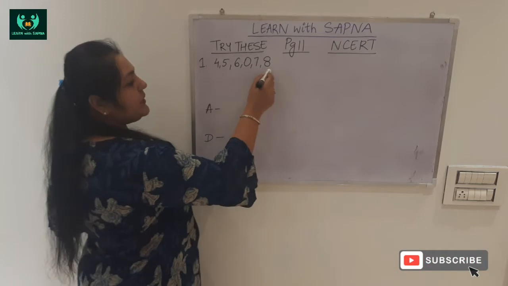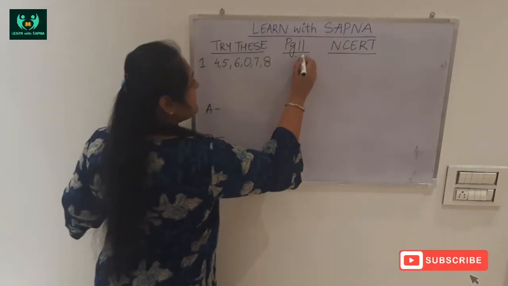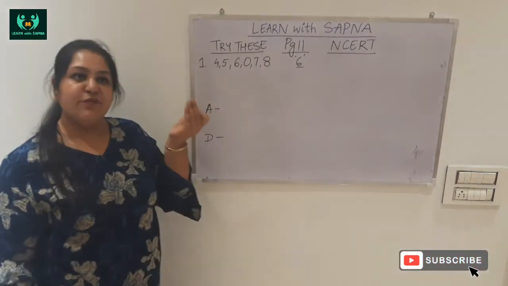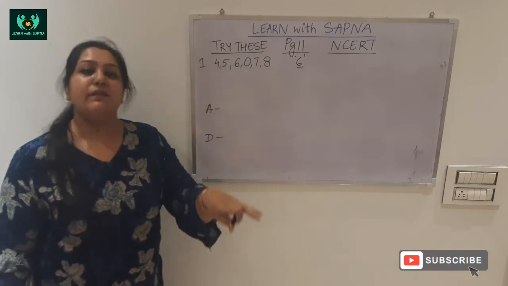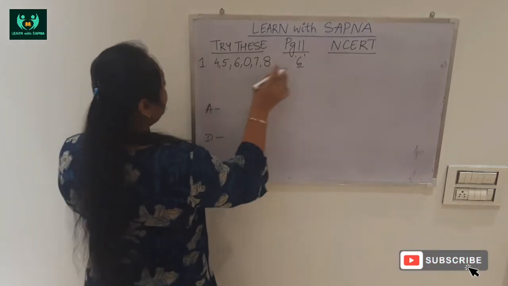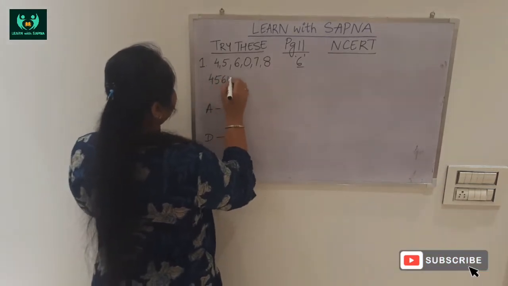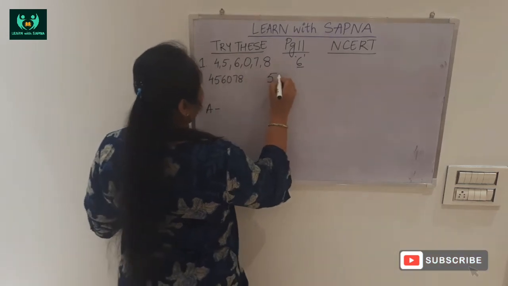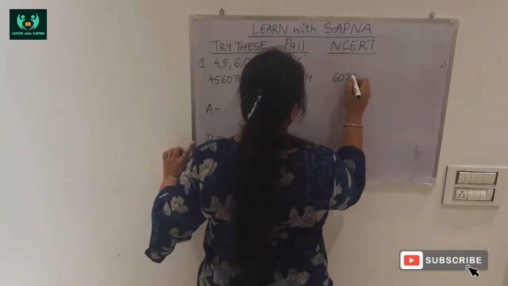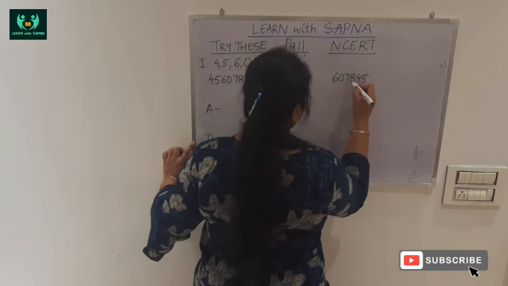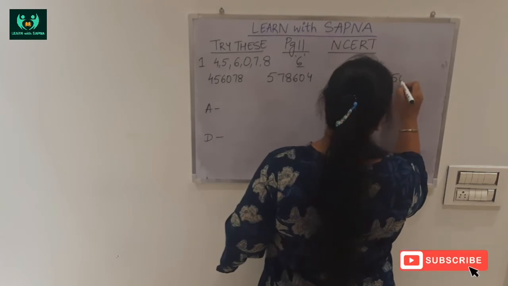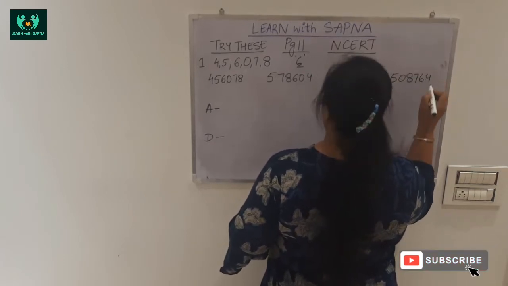There are 6 digits given to us, but remember we have to make a 6-digit number. So for that, whatever 0 we have here, we cannot take 0 as the first digit in any number because then it will become a 5-digit number. So we have to make any random 6-digit numbers. So let's start. Let's just write them like this: 4 5 6 0 7 8, then 5 7 8 6 0 4, then 6 0 7 8 4 5, 5 0 8 7 6 4.